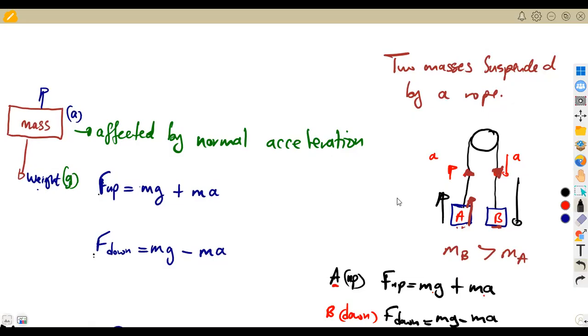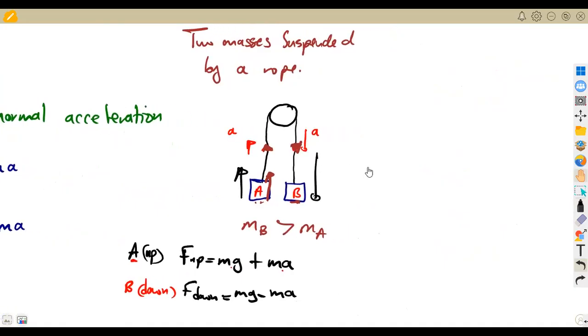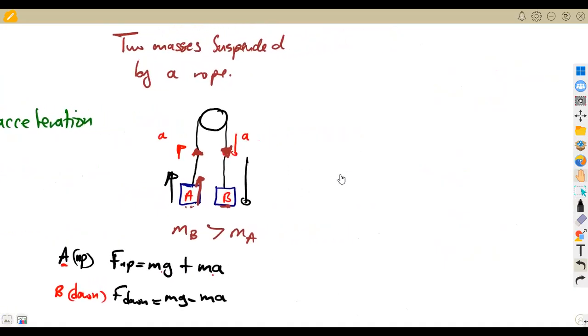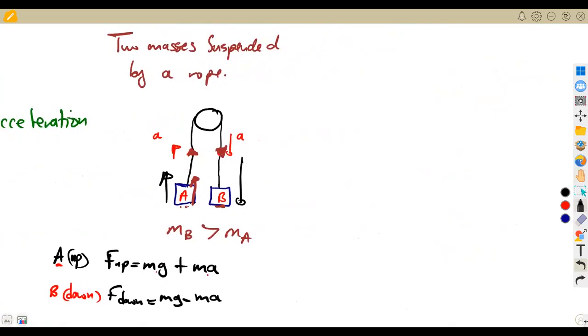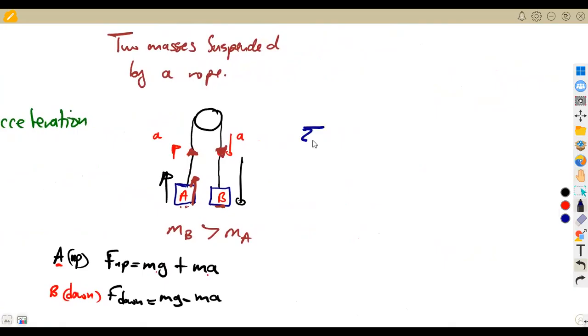Talking about these two masses, for us to say this is going to balance, like a condition of equilibrium, it must follow that the sum of forces going up should be equal to the sum of forces going down. F up or F down simply represents the tension, or the tensile force, in the rope.